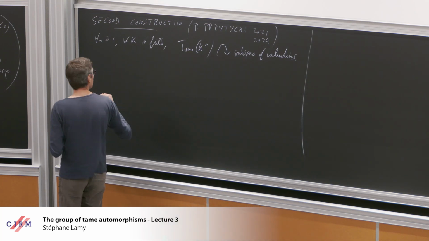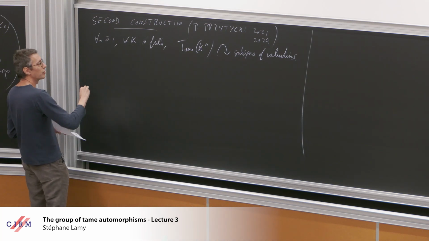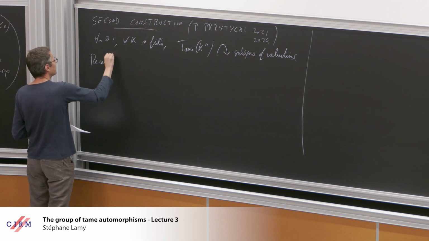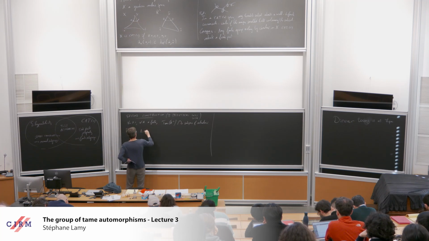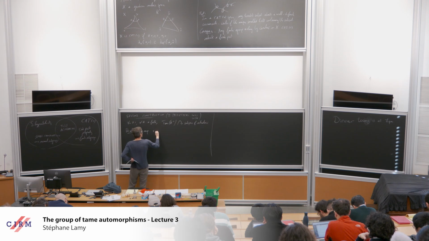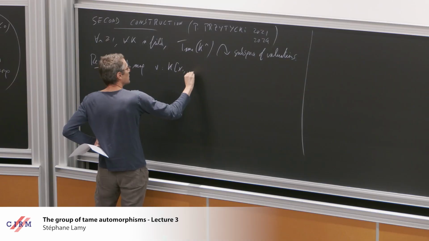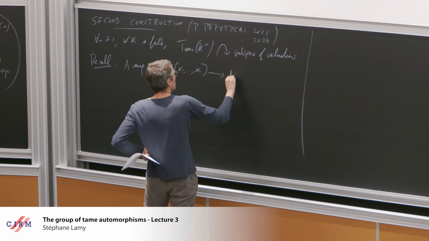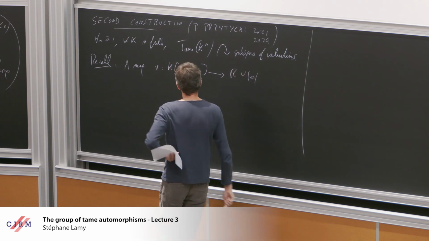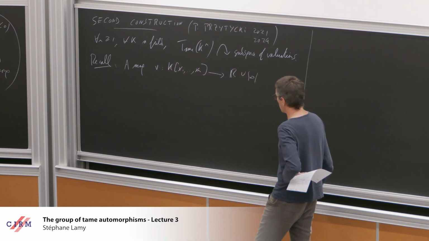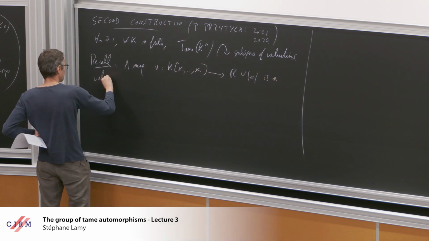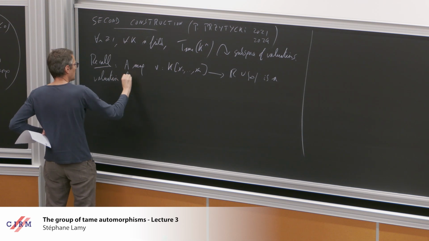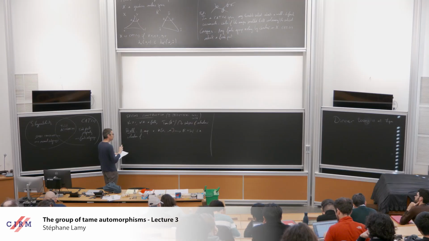Okay, so let me recall first what valuations are, what are the valuations I'm going to consider. So I look at valuations on the polynomials in n variables. So a map nu from k[x1,...,xn] to R, and I admit also infinity as a value, is a valuation if you have the familiar property for the sum and the product.